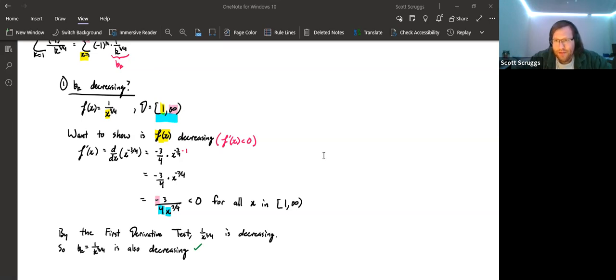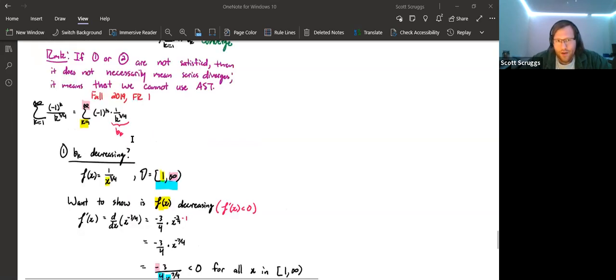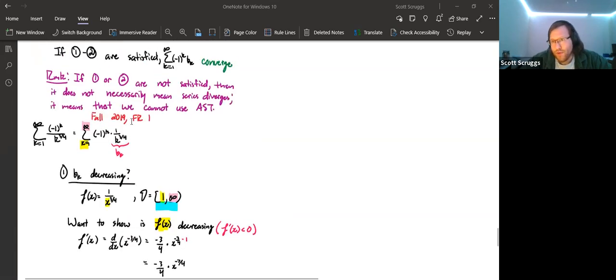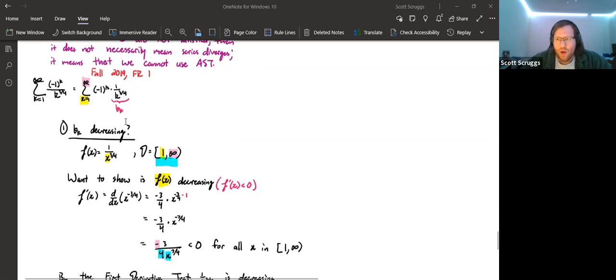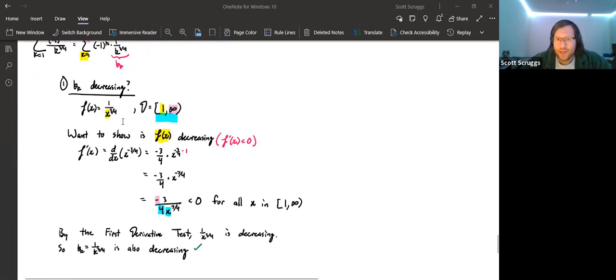In fact, I believe if you look up the solution for the old free response, my guess is that's how Dr. Burr wrote her solution for that problem. However, typically those inequalities are a lot more difficult to justify.